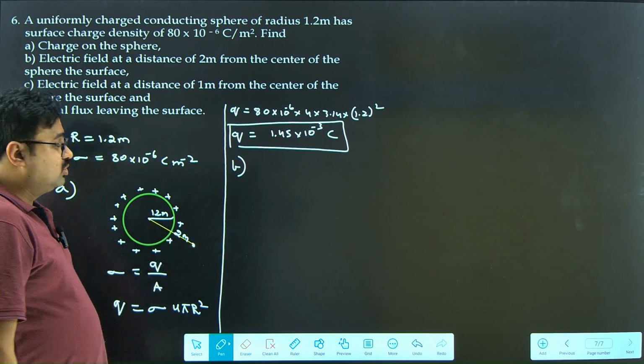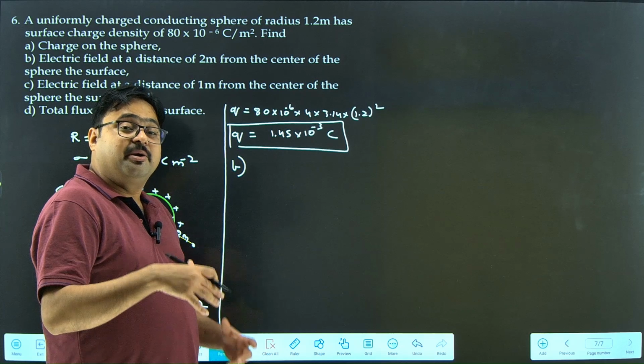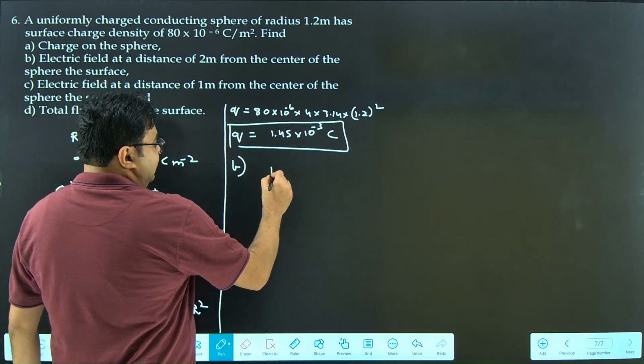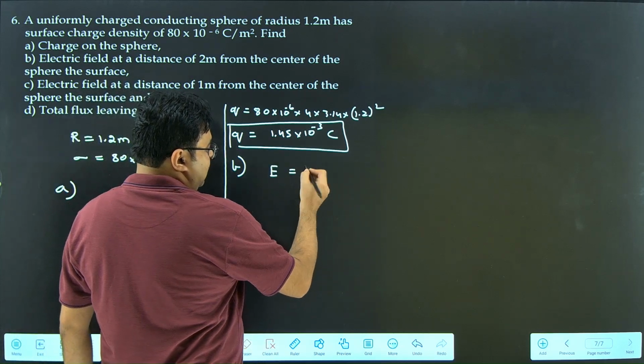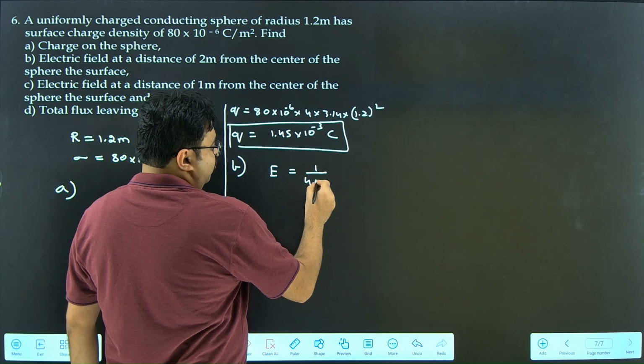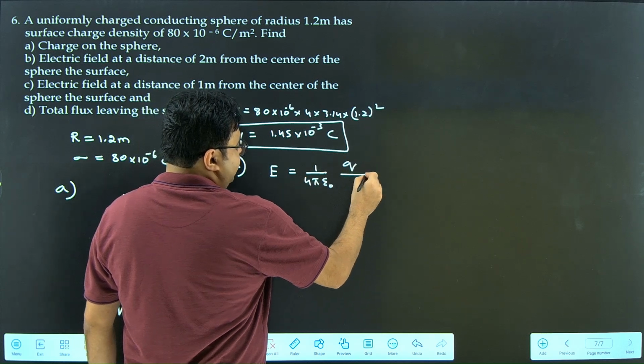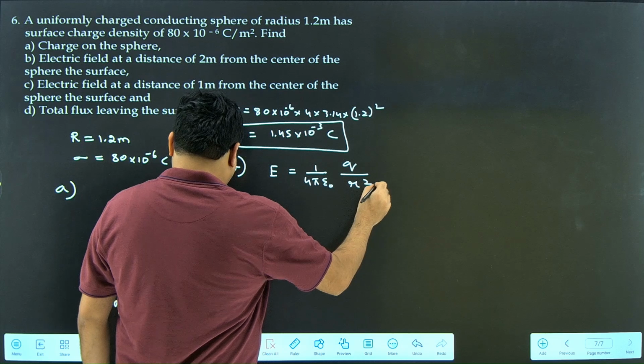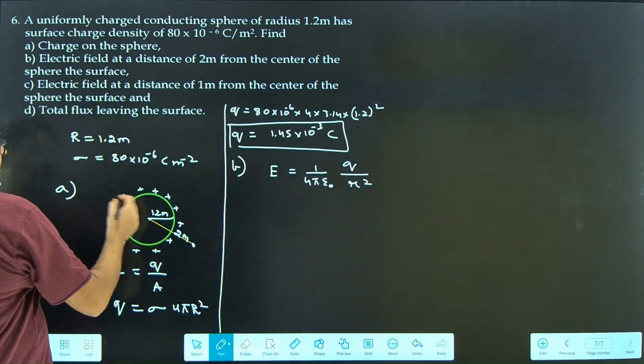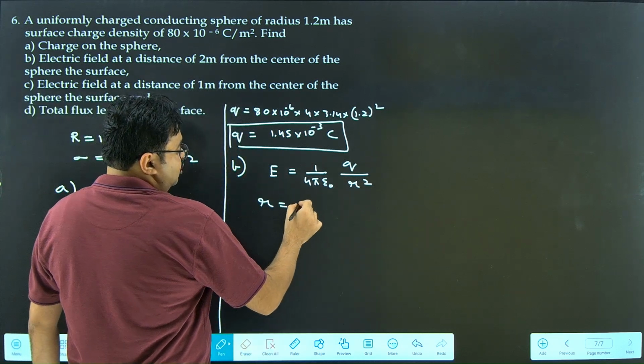Because this point is outside, the whole sphere behaves like a point charge. So the electric field at that place, my dear friends, becomes E equal to 1 divided by 4 pi epsilon naught, Q divided by r square. I shall just take small r to be 2 meter.